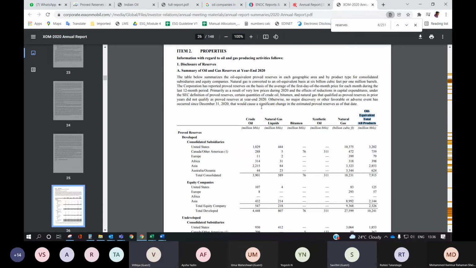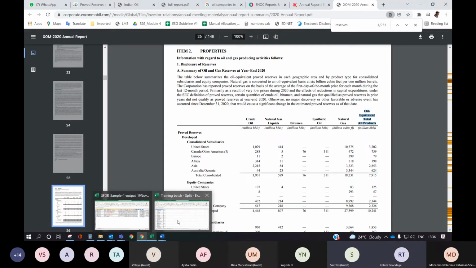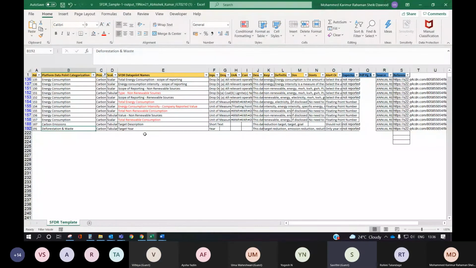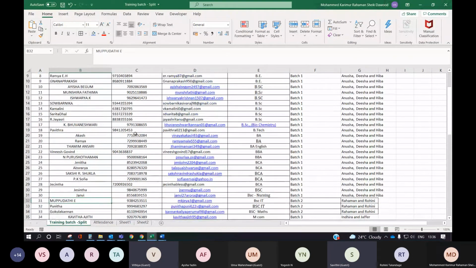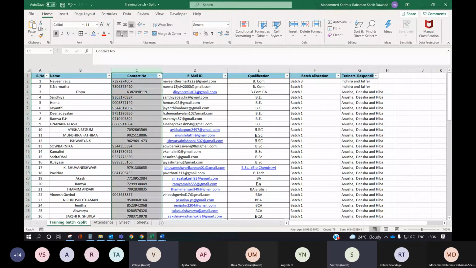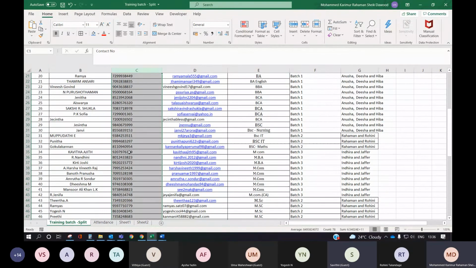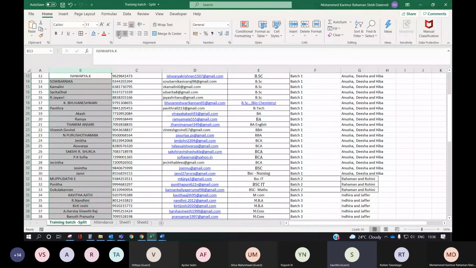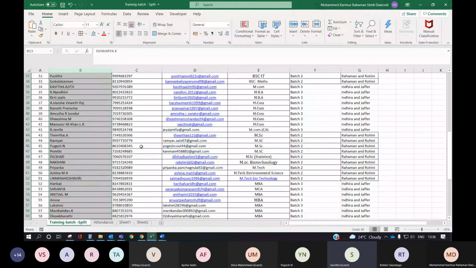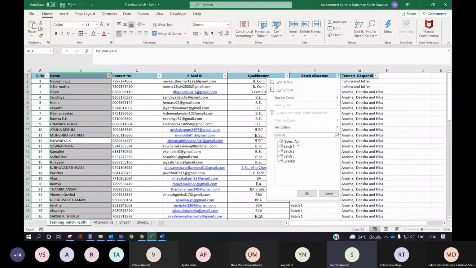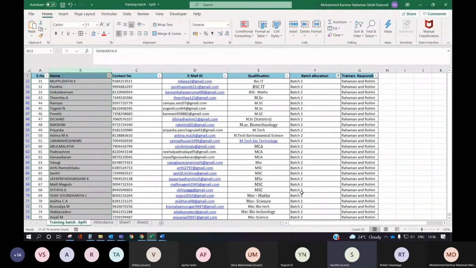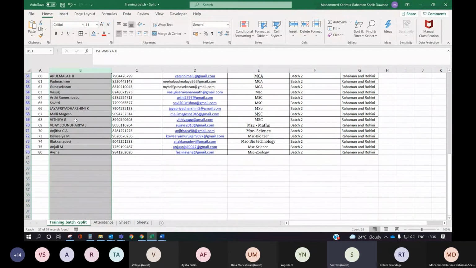My WhatsApp number is different from the resume mobile number. Who's this, your name? Vidya, sir. Vidya G, right?